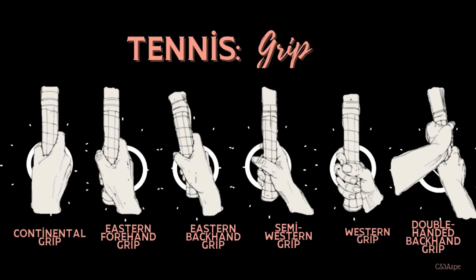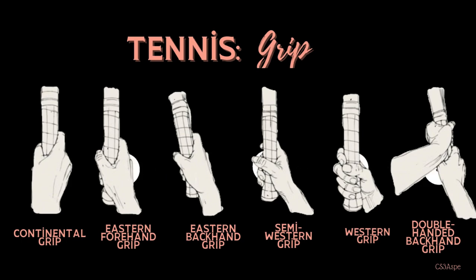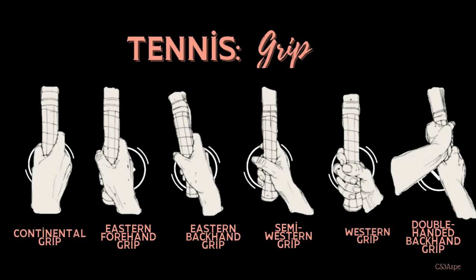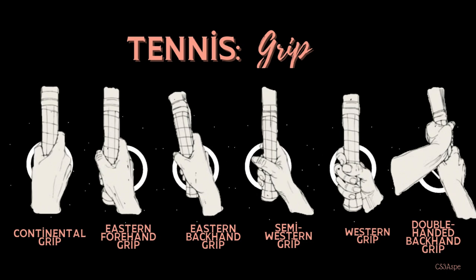Here is the clear illustration of each tennis grip: continental grip, Eastern forehand grip, Eastern backhand grip, semi-Western grip, Western grip, and double-handed backhand grip.